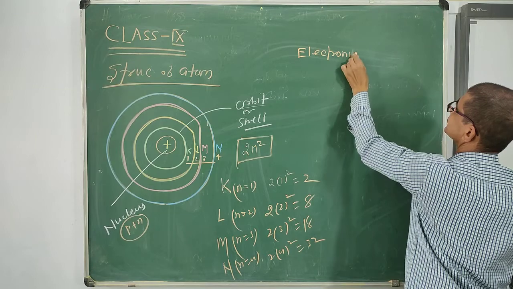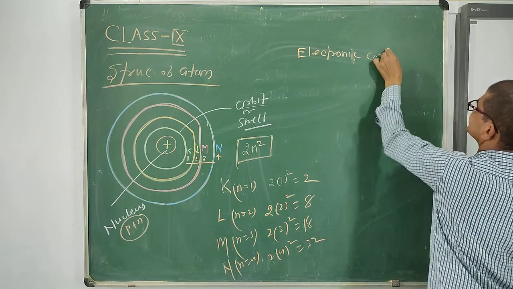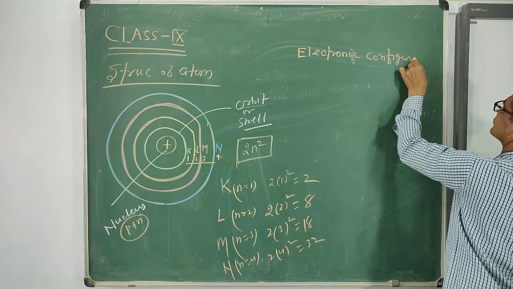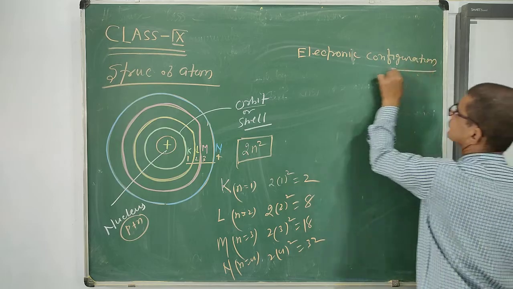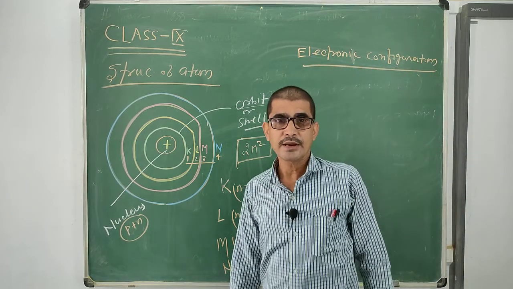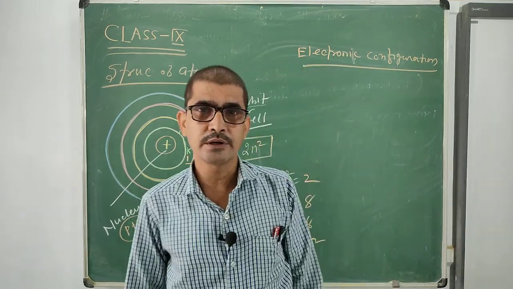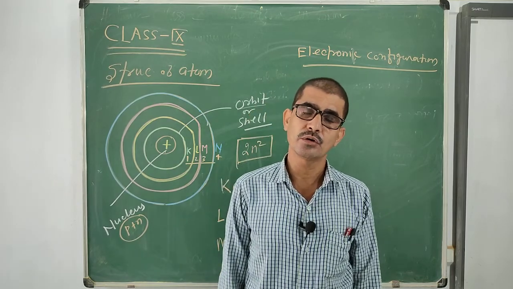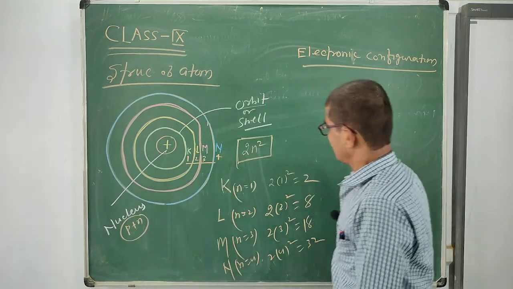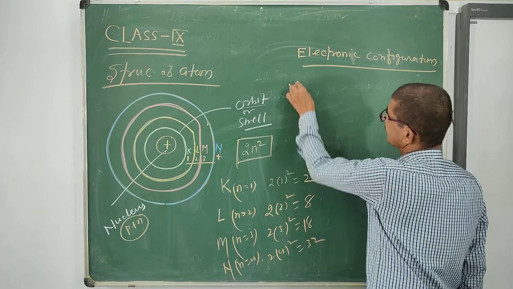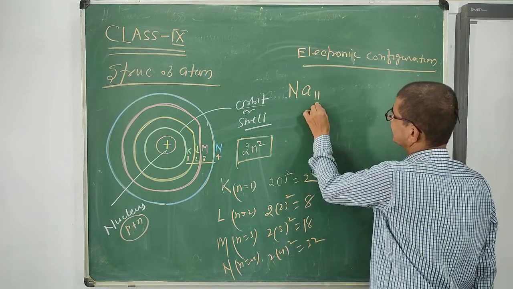Now electronic configuration. The arrangement of electrons in an orbit is called electronic configuration. Suppose sodium, you know the atomic number of sodium is 11.